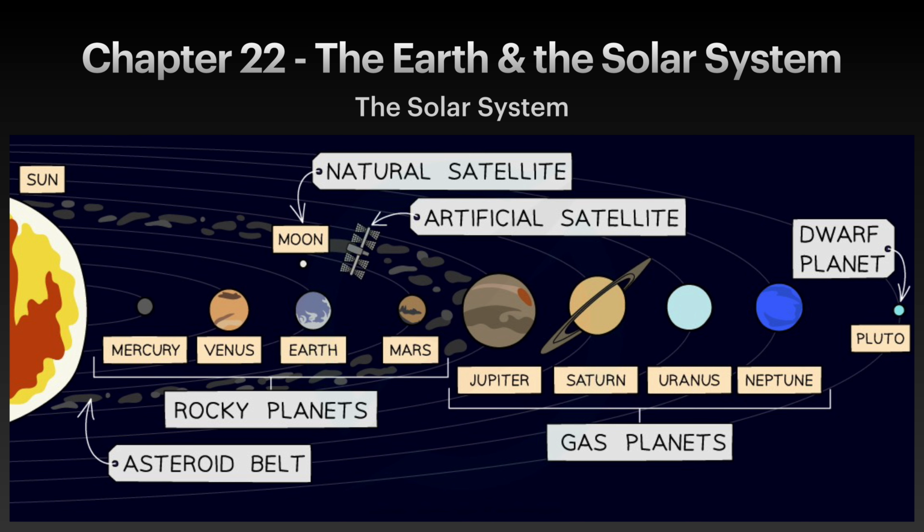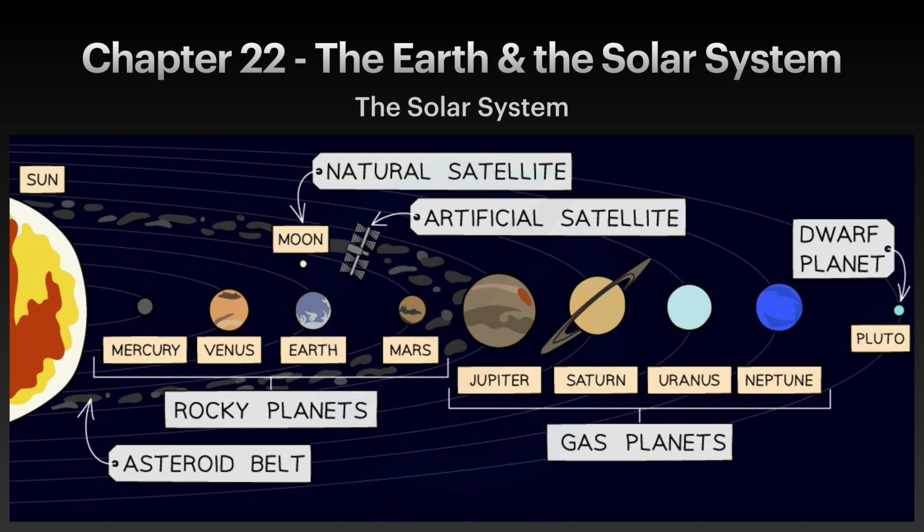You might have learned this concept in your lower grades. It's the solar system structure. The solar system is made of the Sun, planets, moons, asteroids, comets, and other minor bodies. The Sun contains over 99% of the system's mass, and its gravity holds everything in orbit.